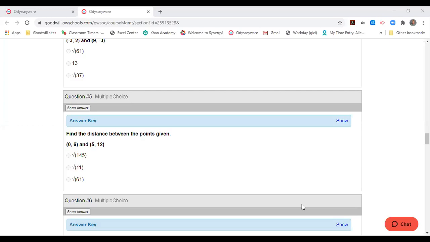Okay, if you got square root of 61 for this one, you did it correctly, because you're going to take 5 minus 0, that's 5, square that, that gives you 25. 12 minus 6 gives you 6, square that, gives you 36. Add 36 and 25 together, you get 61. All of that has to be square rooted.